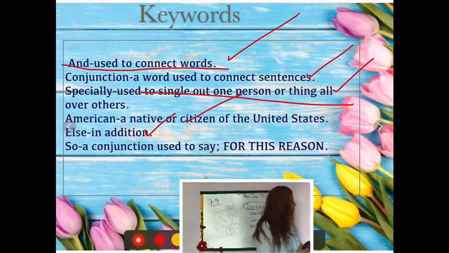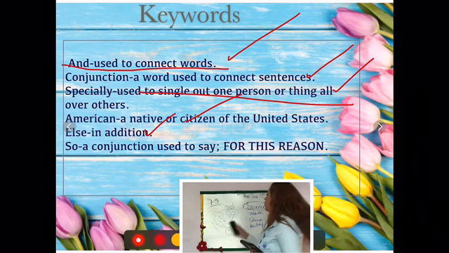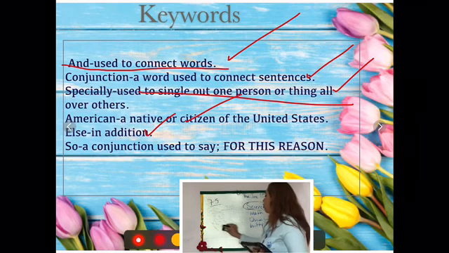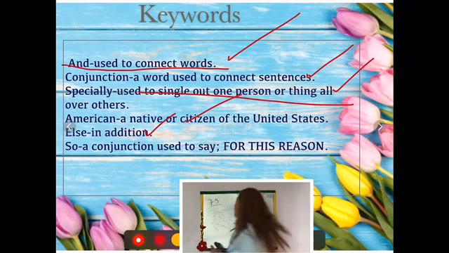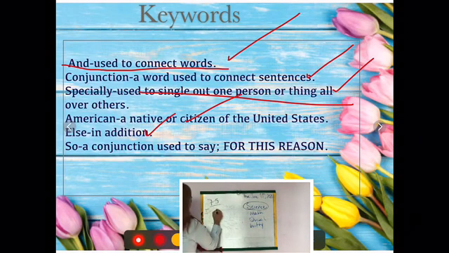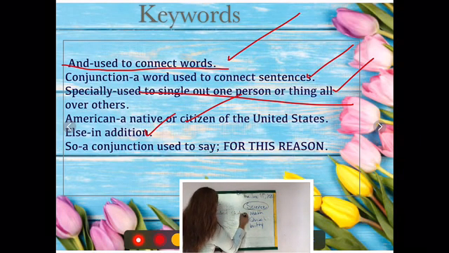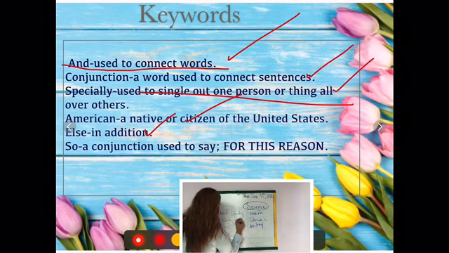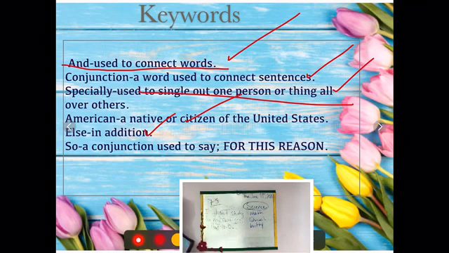Okay, now I did not study for my quiz, so I have a 5. Let me write it down for you so that you guys can catch it. I didn't study for my quiz, so I had a 5. Okay, I didn't study for my quiz, so I had a 5.